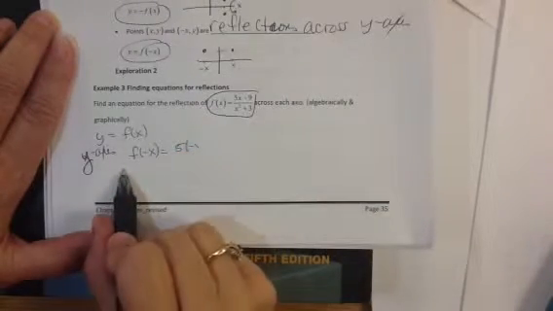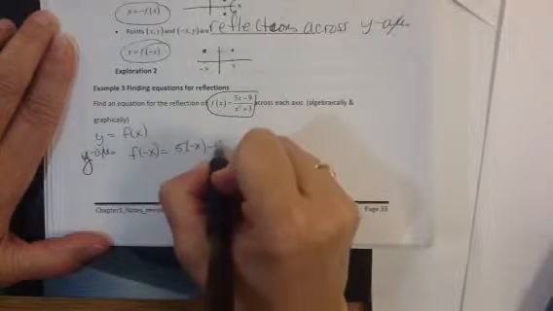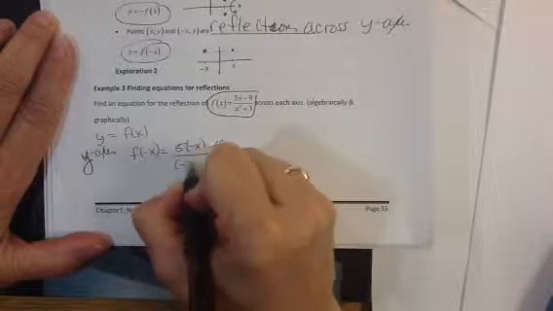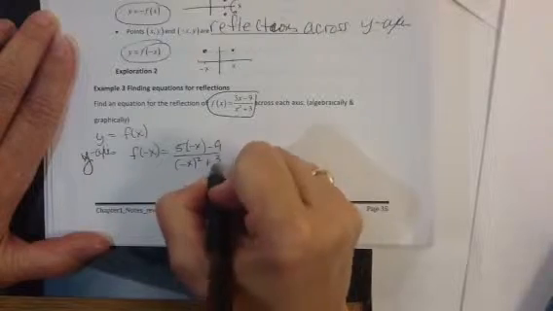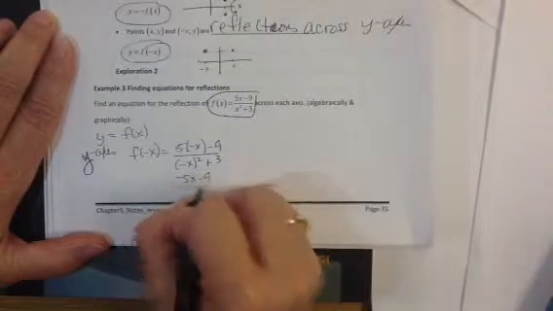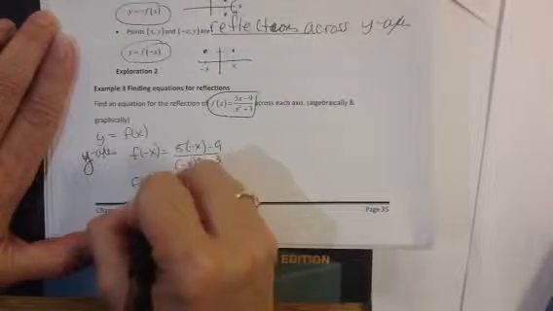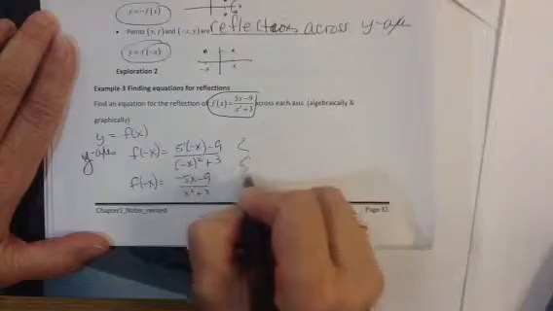I'm going to look at the y-axis first, and I plug in a negative x. So now what I get is negative 5x minus 9 over x squared plus 3. That is a reflection across the y-axis.